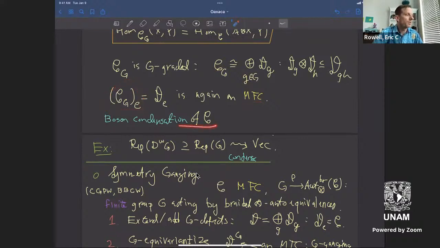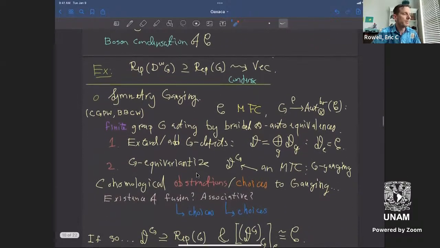And that's what we call the boson condensation. So this is a construction from some modular category to get a new modular category. An example of this is you can take the twisted double of a finite group, look at its representation category. This will always contain the representations of G. And if you condense it, you'll get down to really a trivial category, just the rank 1 modular category of vector spaces.